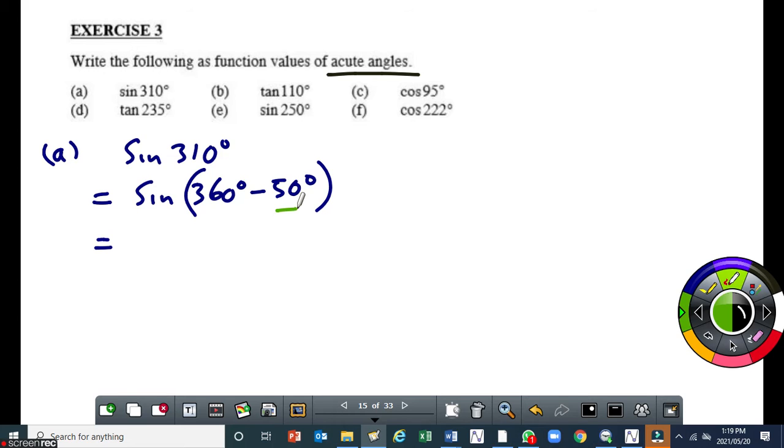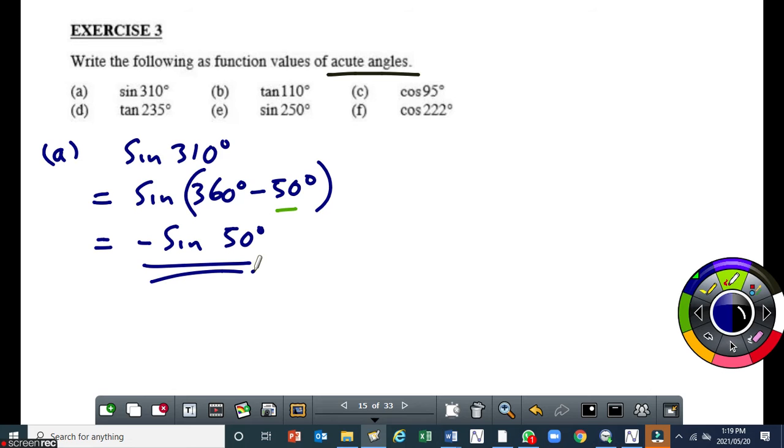Which means my answer here is going to become minus sine 50 degrees. No calculator. So this will be your answer. This angle 310 is in the fourth quadrant.